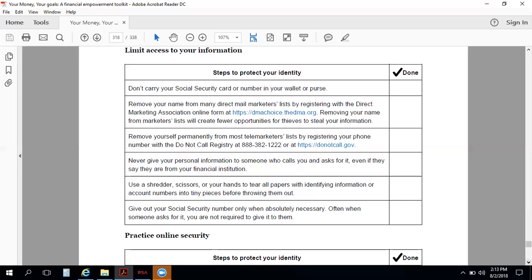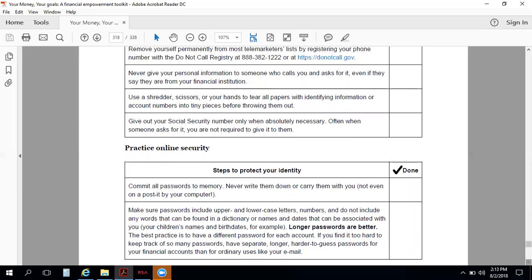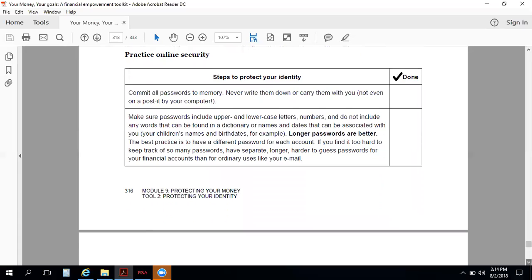Use a shredder, scissors, or your hands to tear up all paper with identifying information on it. People could even go so far as to root through the trash for personal identifying information, so taking that precaution could protect one's identity. Don't give out your social security number unless it's absolutely necessary.